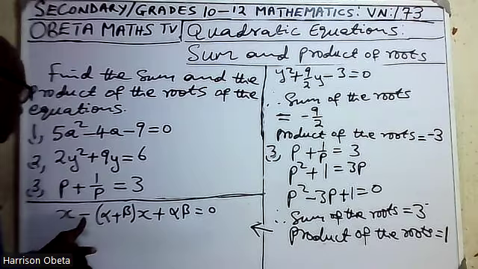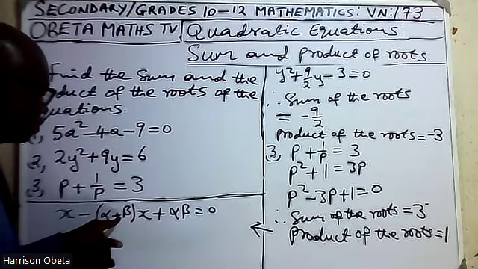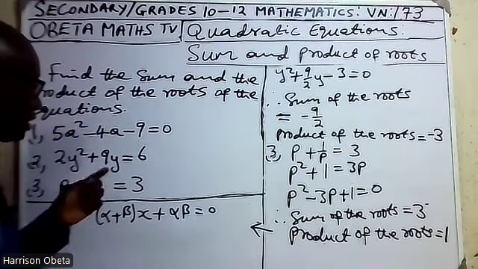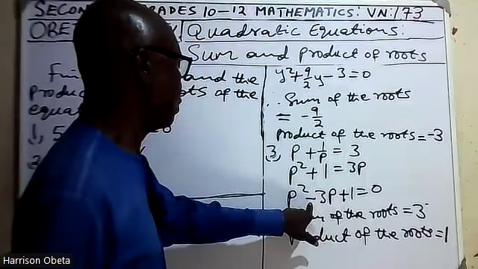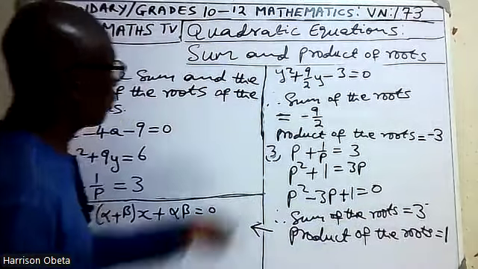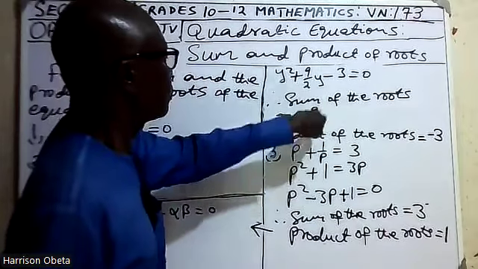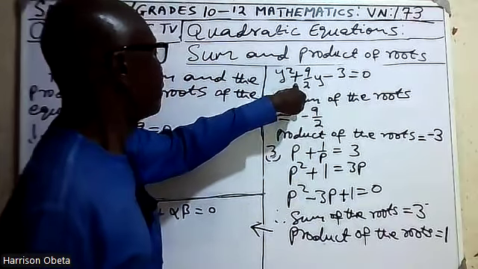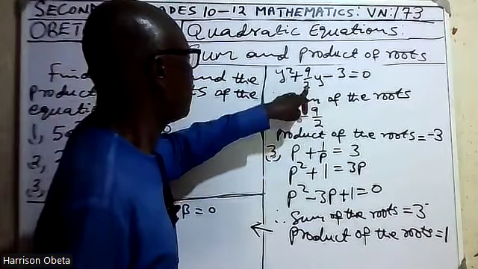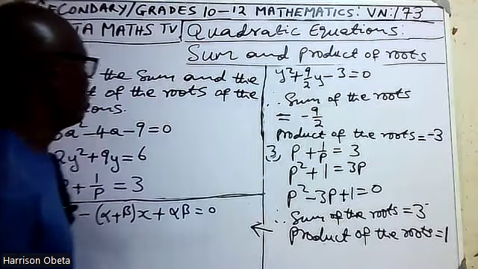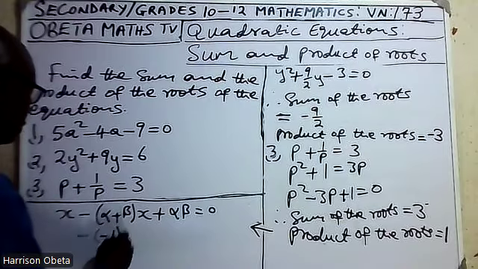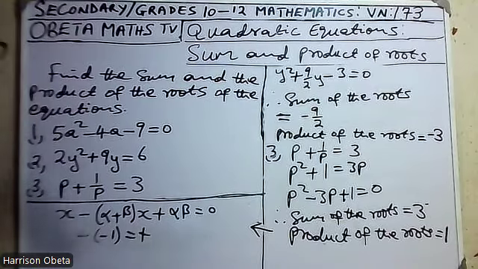But if the equation has positive, the sum must bear negative. In this case, this is minus, and that is why the sum of the roots is 3 positive. In the other one, we had minus 9 over 2 because the sign there is plus. If it were 9 over 2, minus into minus will give us a plus, and that's just the reason.